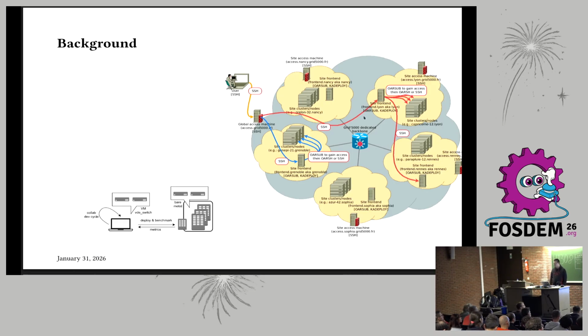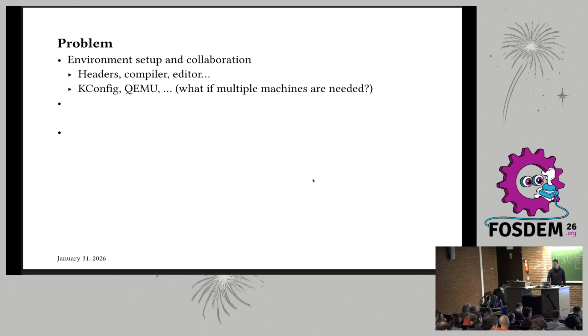So, for example, since I work out of Grenoble, I log into the front end for Grenoble. And if you want to submit a job, I used a tool called oarsub. OAR is an HPC job management system similar to Slurm, and you use kadeploy to deploy the actual initrd and kernel to the bare metal machines in the cluster.